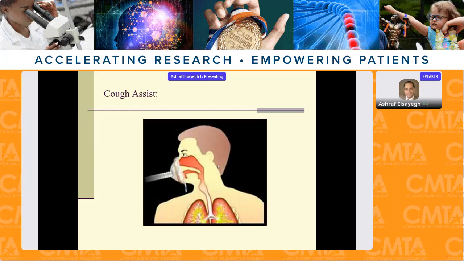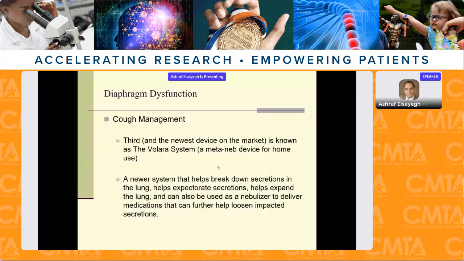The third device is the newest device, which just came out on the market just months ago. I want to say, if I remember correctly, it was first used in May or June of this year, I hope, unless time is no longer something I can quantify with COVID.